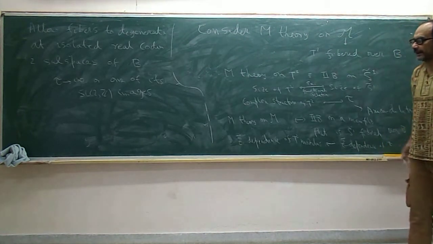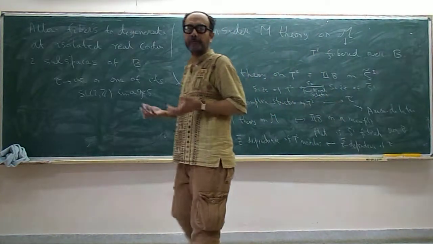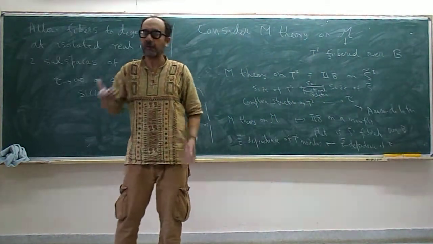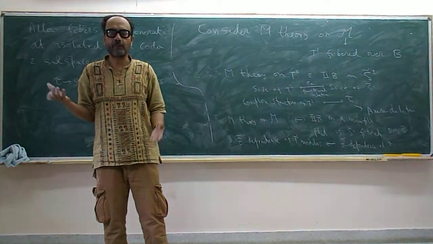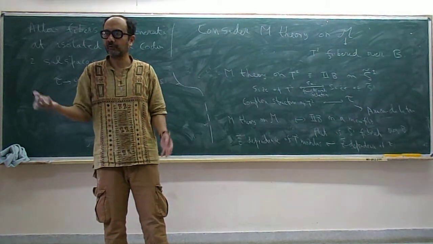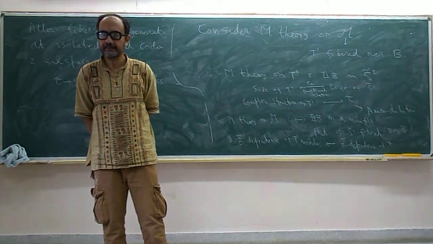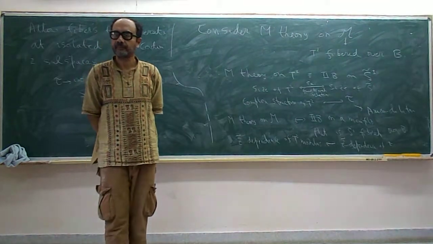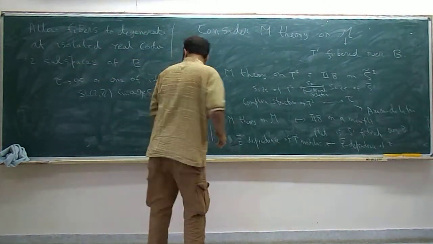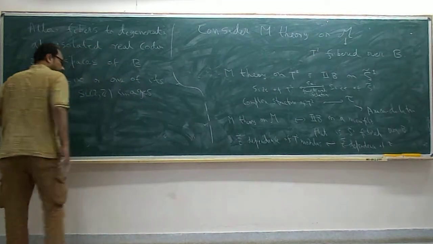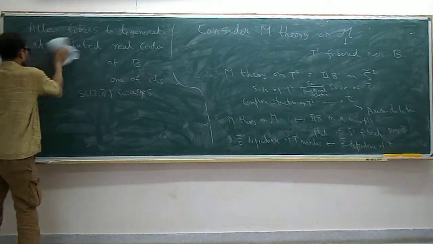So in a sense, you are getting a bonus that this gives you a procedure for generating a type 2B string compactification where tau is a function of the base. Okay, that's the kind of compactification you are looking for, right? But you are not at F theory yet. Okay, we have one more step to do.